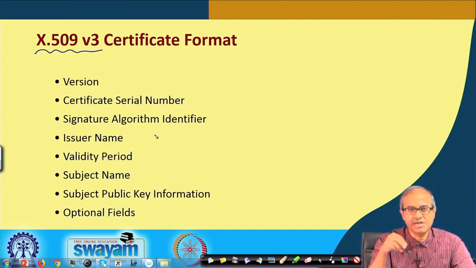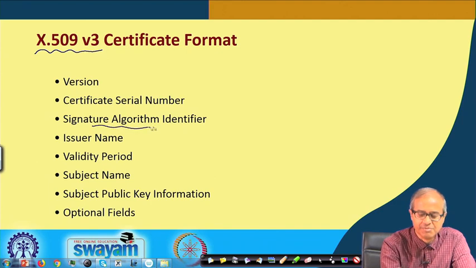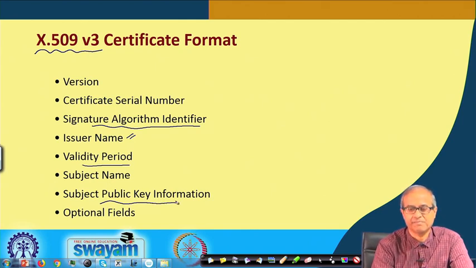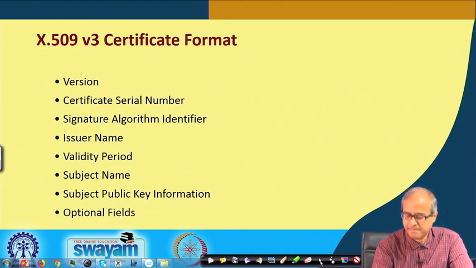The certifying authority is digitally signing it, so which algorithm is being used? So, some information about that. Who is the issuer of the certificate, what is the validity period, and of course, public key information of the sender. Okay.